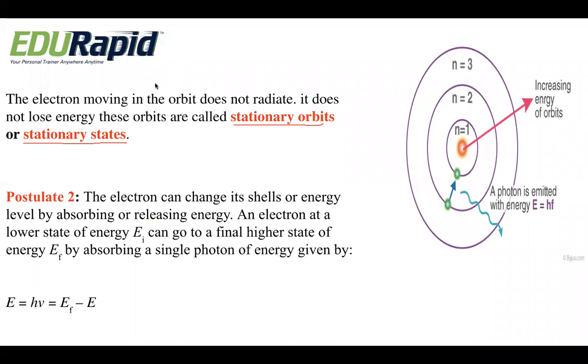An electron at a lower state of energy, say Ei, can go to a final higher state of energy, that is Ef, by absorbing a single photon of energy, which is given by the formula E = h nu, right? E = h nu.